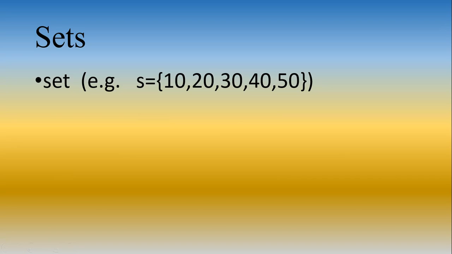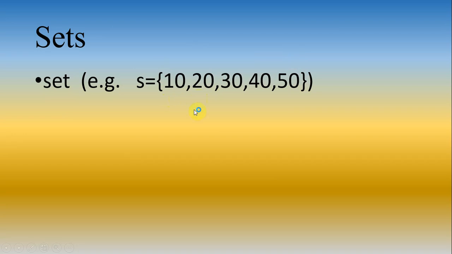Second, a set is unordered. Firstly, a set does not contain duplicate elements, which means I cannot put 10, 20, 10, 30, 40, 50. Even if I put that, when I print a set, it will show me only 10, 20, 30, 40, 50 and not 10 two times.